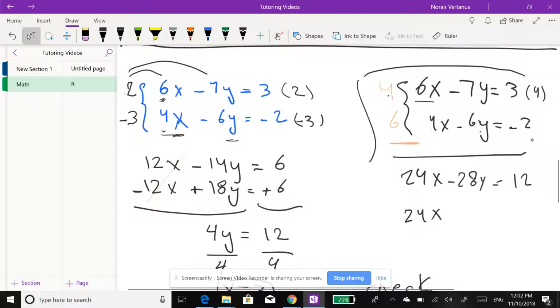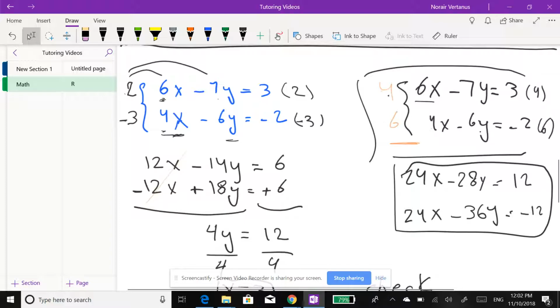The bottom: 6 times 4 is 24x minus 6 times 6, 36y, and multiplying the right side by 6 gives negative 12. Some teachers explain it as just multiplying by 6 and 4 because it's simpler. This is not the least common multiple. That's fine too, but I'm not doing this method right now. I found the smallest one, the least common multiple, which with 2 and 3 gives us 12.